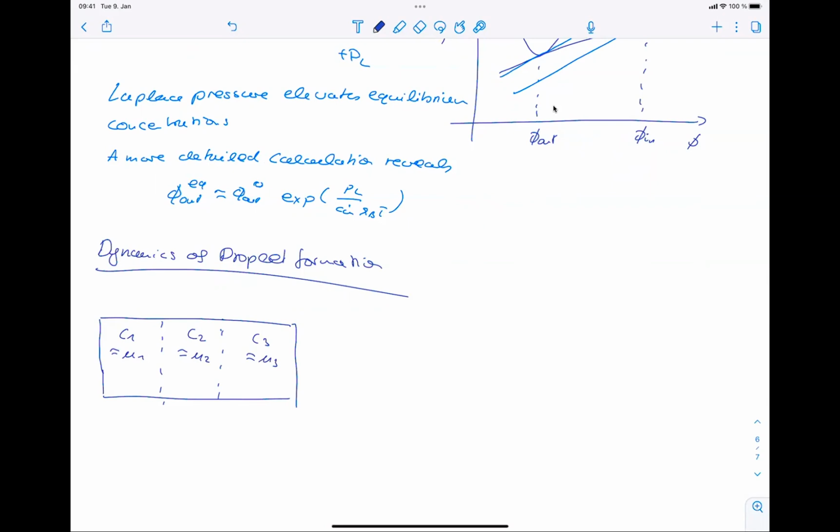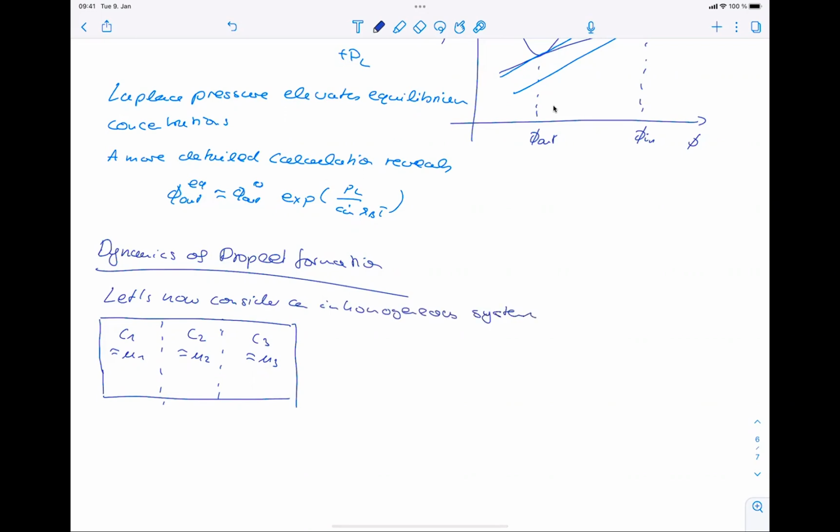Then I will have a flux that is proportional to the difference in chemical potential, right? So here, let's now consider a homogeneous system.